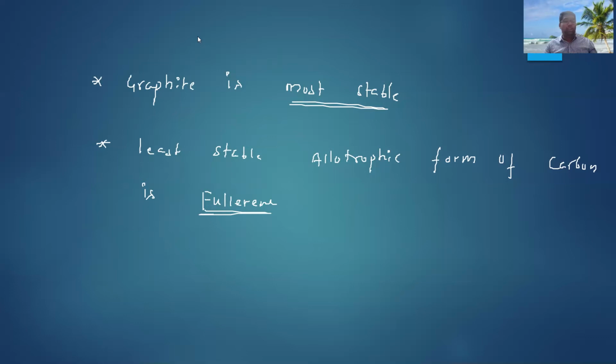And one more important concept: why is it called Buckminster fullerene? Fullerene is also called Buckminster fullerene. It looks like a soccer ball. Right, on the point, fullerene looks like a soccer ball.